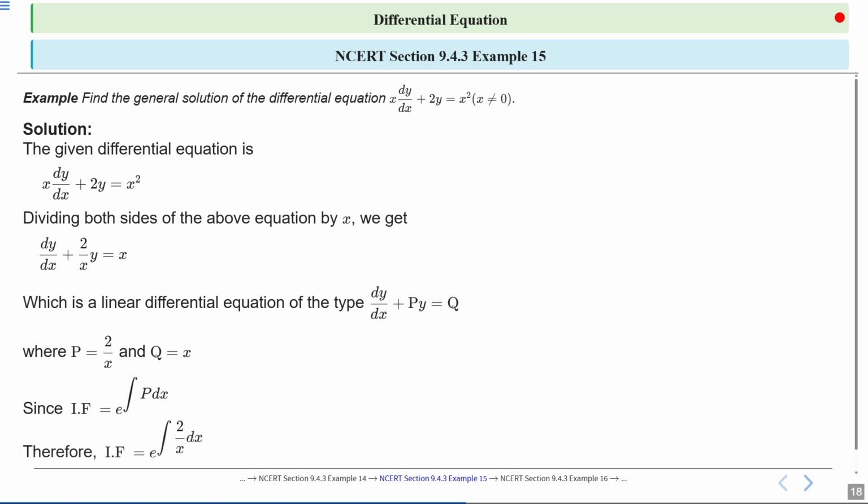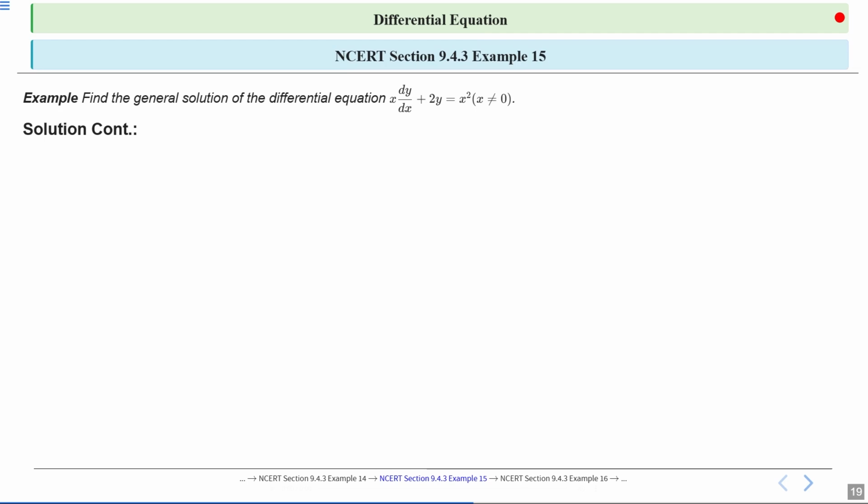As the value of p is 2 by x, just put the value of p. So the integrating factor is e to the power integral of 2 by x dx, which is e to the power 2 log x, as the integration of 1 by x is log x.